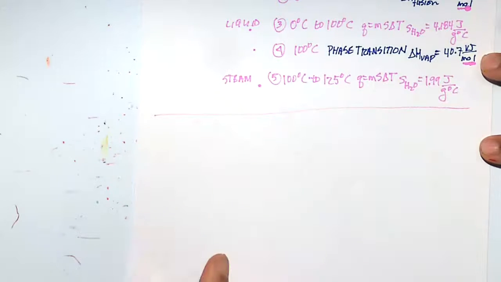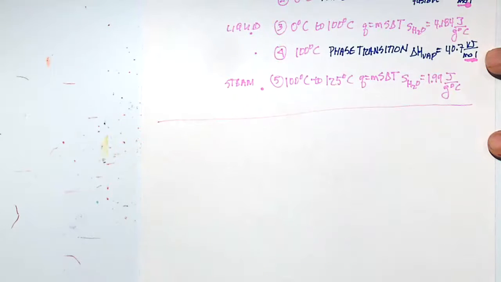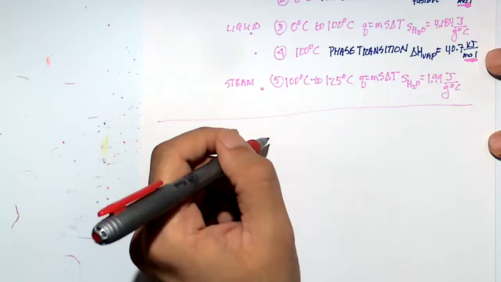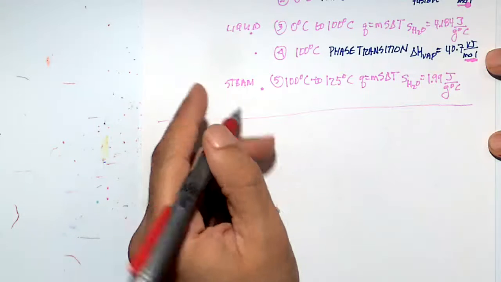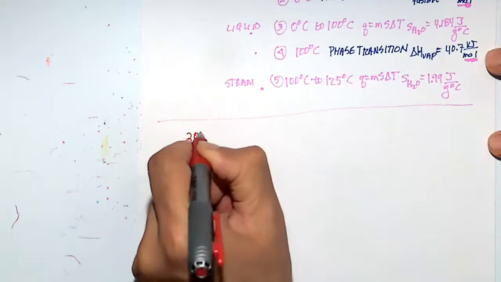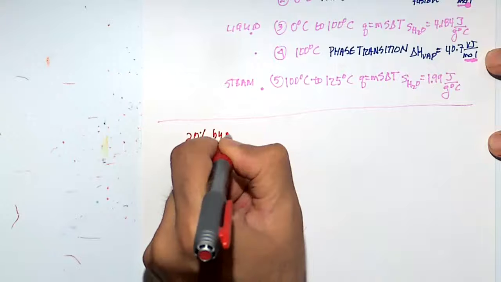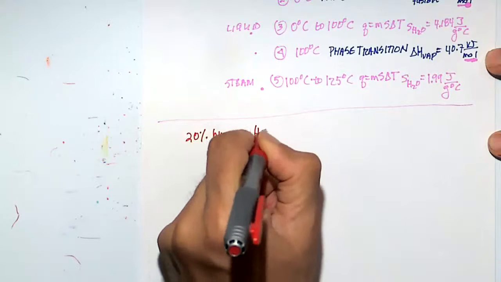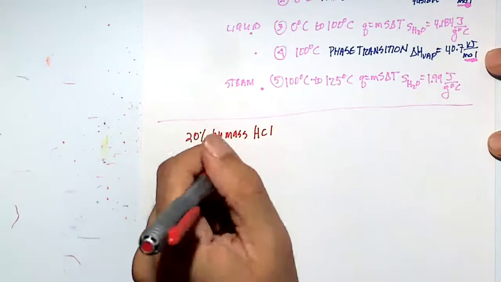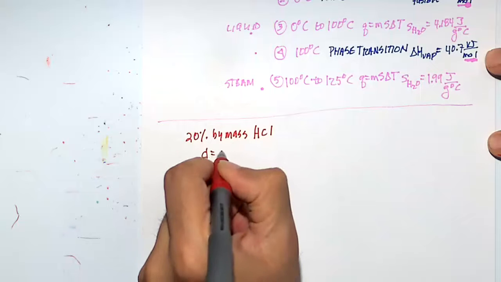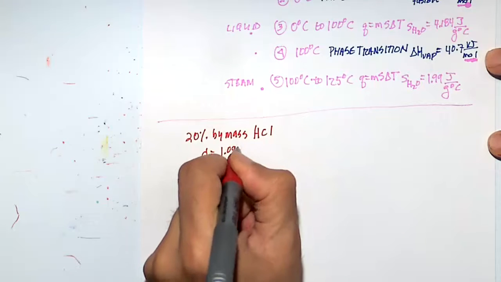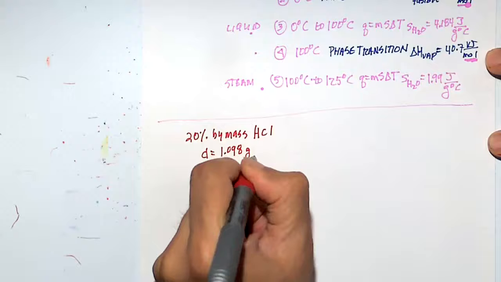Okay, in the last 5 minutes of class. Let's say you have 20% by mass HCl, hydrochloric acid. And I tell you the density of this hydrochloric acid is 1.098 grams per milliliter.